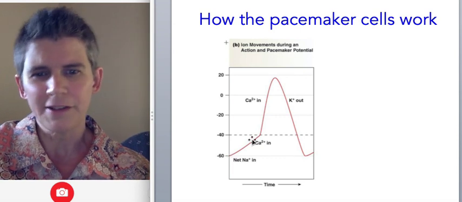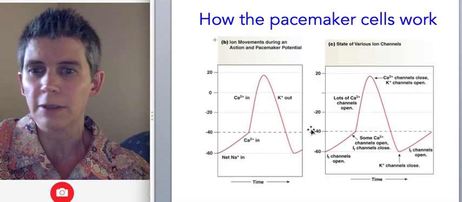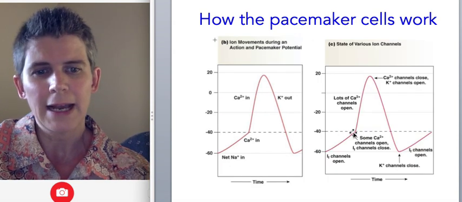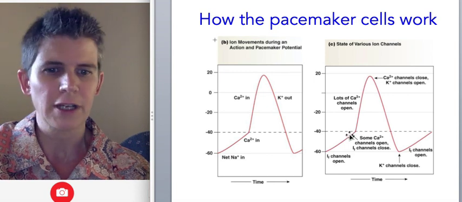So what causes this is that at rest, and we can see this more clearly in the other panel of this figure, at rest there are some channels that are open, and these channels have a wonderful name.